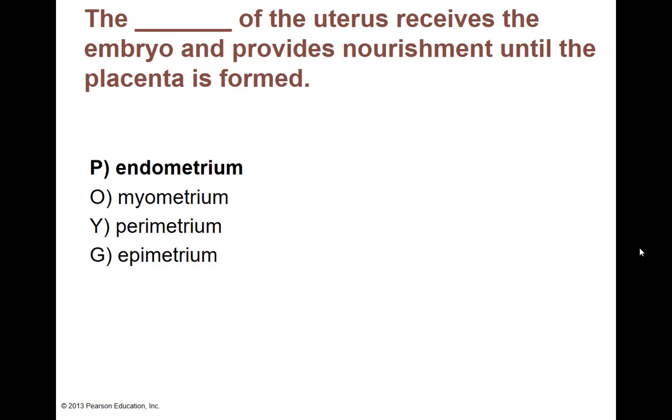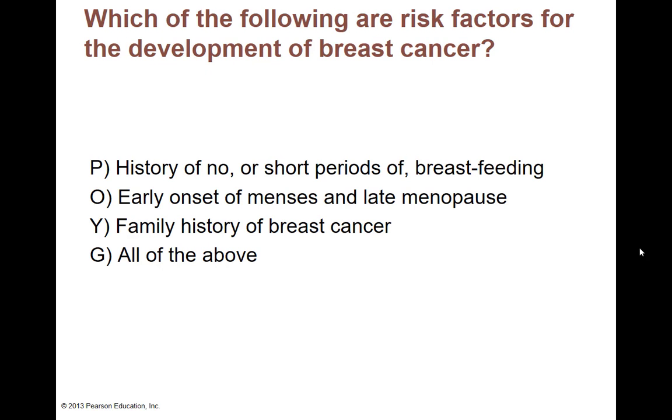It will nourish that fertilized egg until the placenta can start doing that. Which of the following are risk factors for the development of breast cancer? It's all of them. But again, doesn't mean you're going to get it.